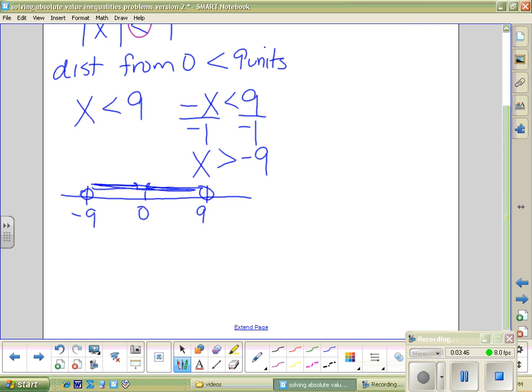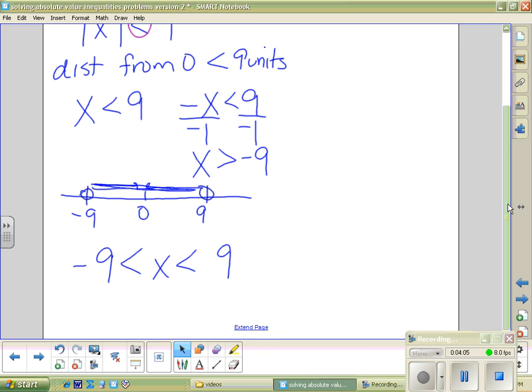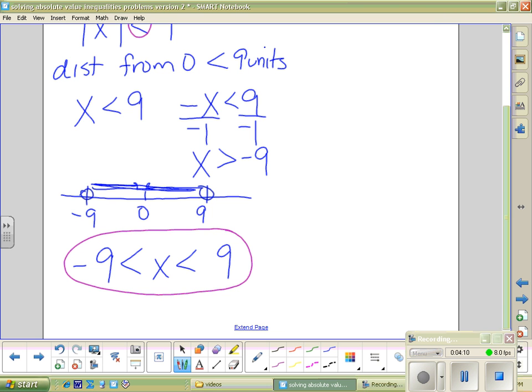Okay, so x is less than 9 and greater than -9. So make sure you put the smaller number on the left, x falls somewhere in between, the larger number on the right. X has to be greater than -9 and less than +9. So we can see it's an "and" compound inequality right here. We have an "and" line segment graph, and that's absolute value inequalities.